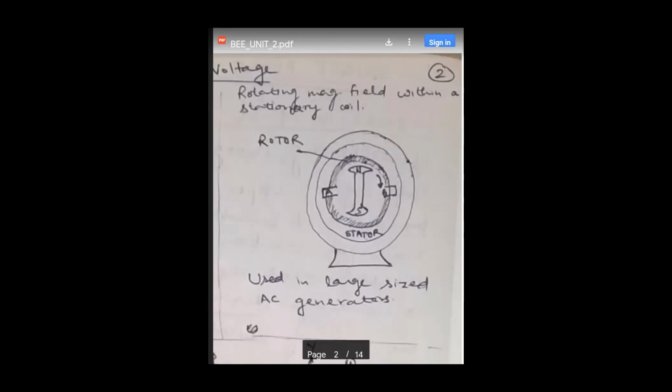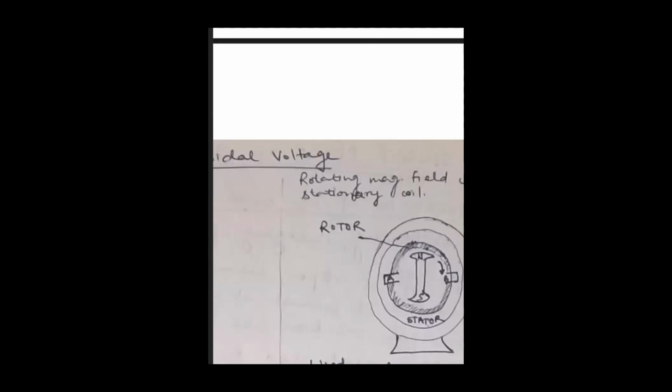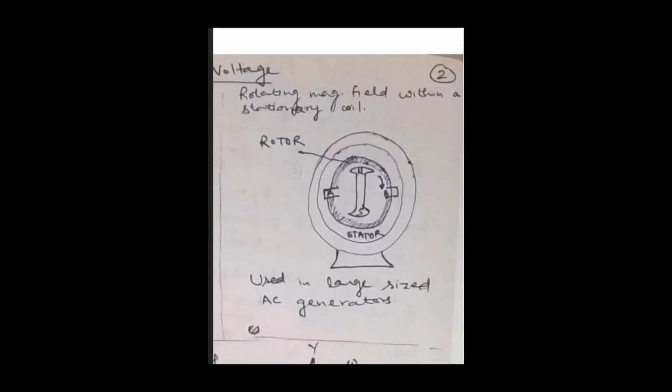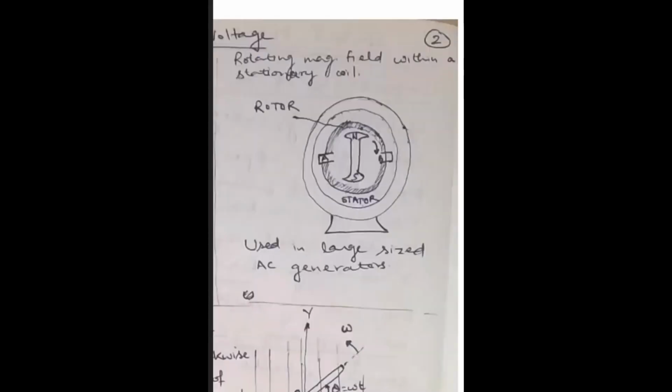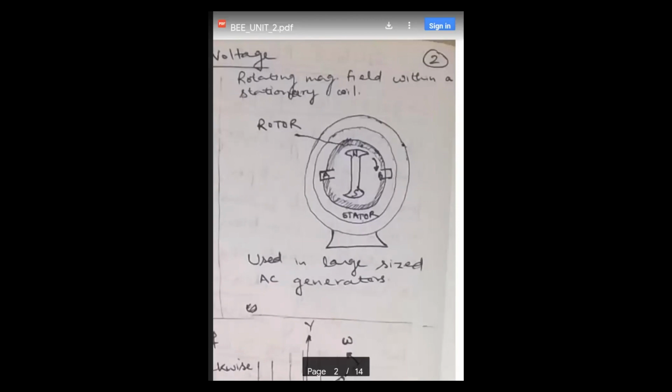This is our rotor and this is the magnetic field, with north pole and south pole in the armature, and it is surrounded by the conductors or the coils.